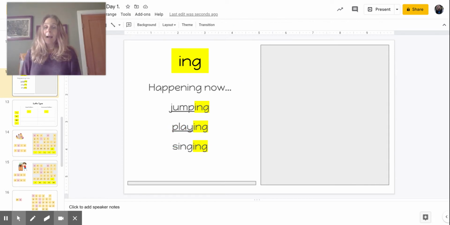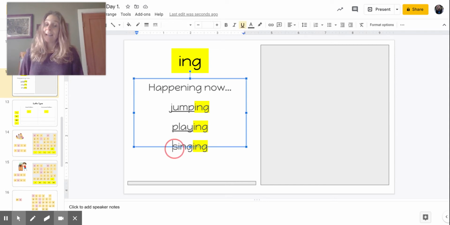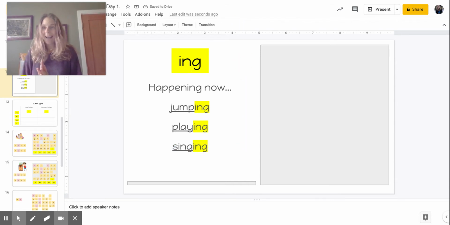So I have playing. Same thing with singing. I write out my whole base word, which is sing, because that's the action I'm doing. And then I add my suffix ing, like that. Great. Let's take a look at our next suffix for today.